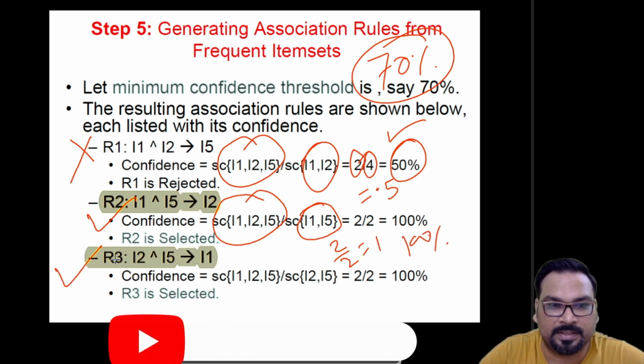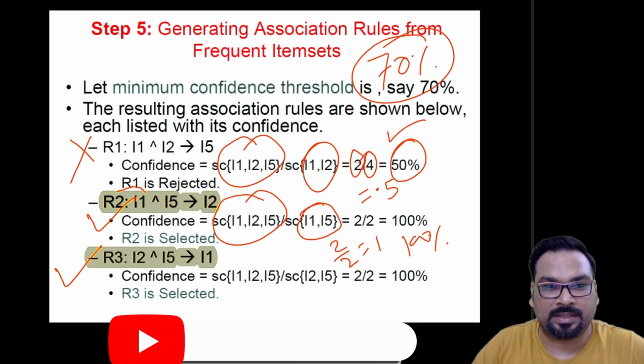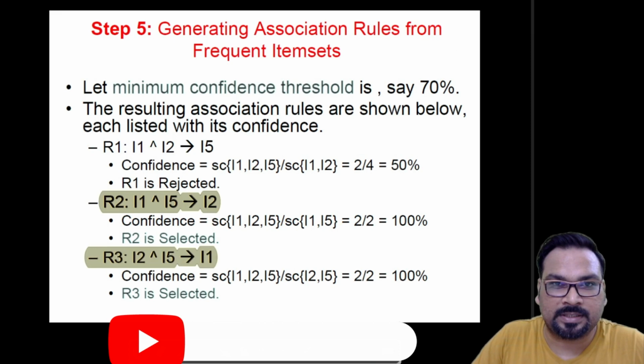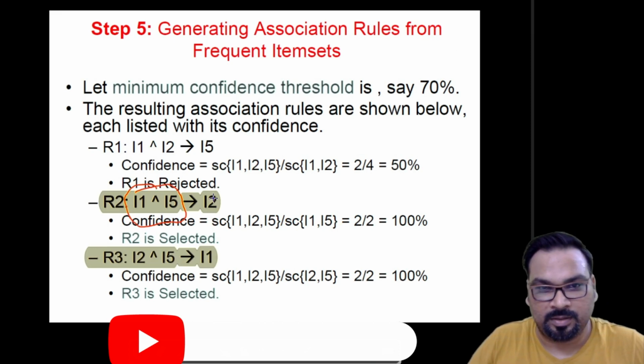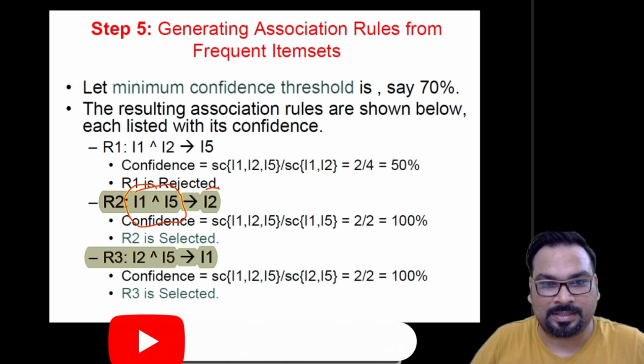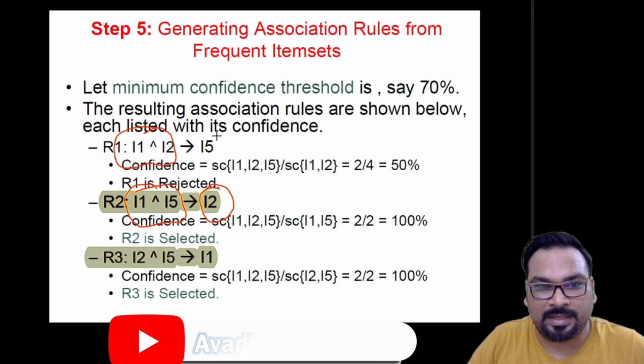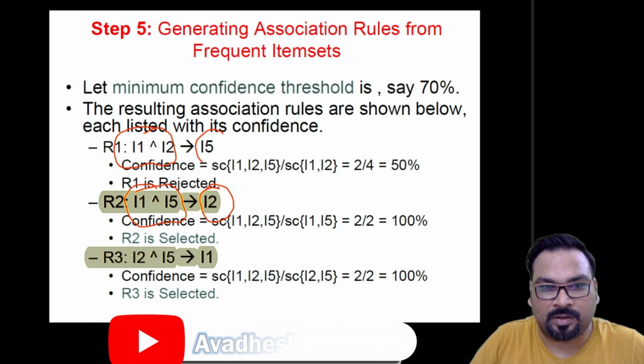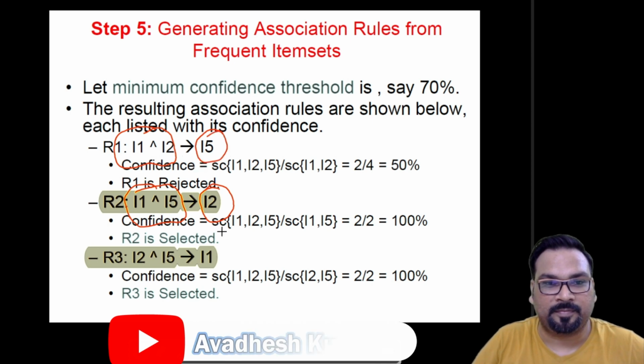So this qualifies. This simply means that if somebody purchases these two items, it's likely that person will also purchase item 2. But if a person purchases these two items, it is less likely that person will also purchase item 5.